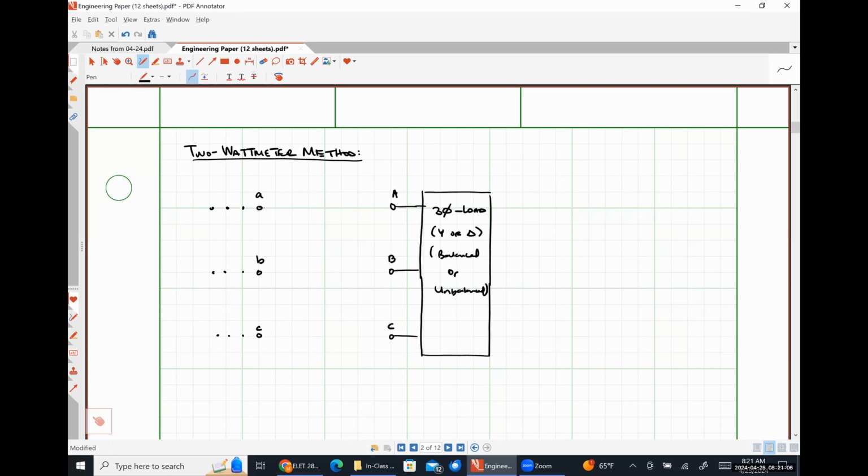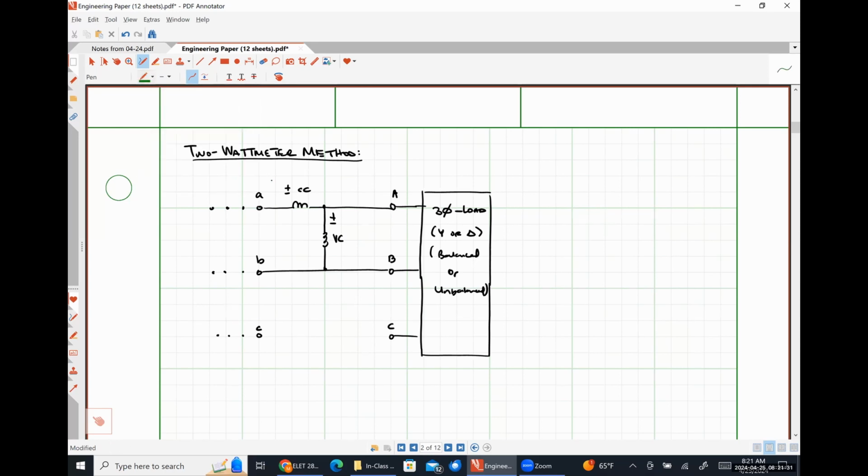And I'm going to put my first watt meter here between the A and B transmission line terminals. So here is my current coil. Here is my voltage coil, like so.